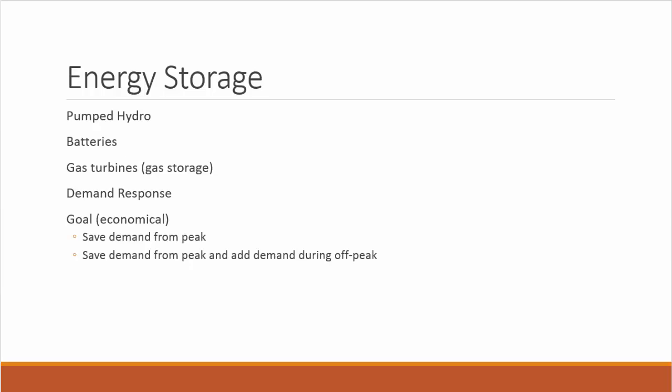The whole goal of energy storage is to reduce the demand at the peak and move it to the off-peak period or to a lower period where the costs are less and the capability is still there. So we want to reduce the peak at least.